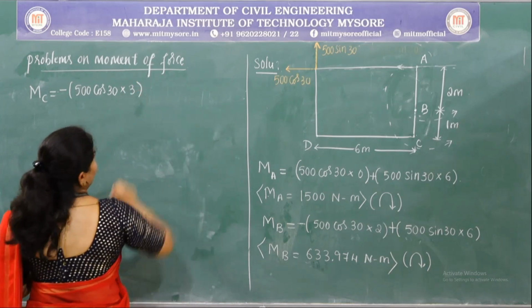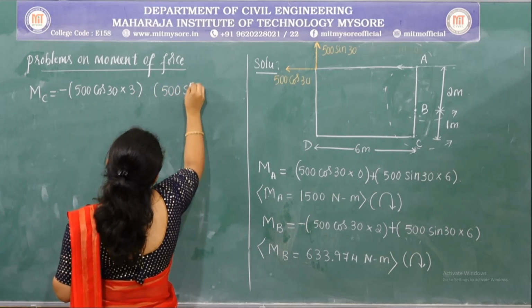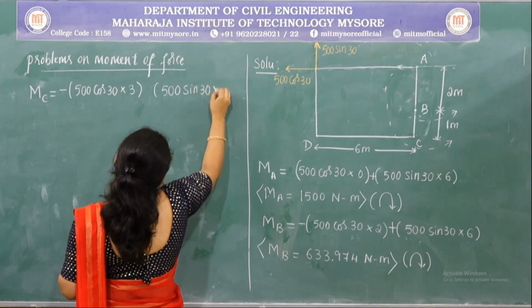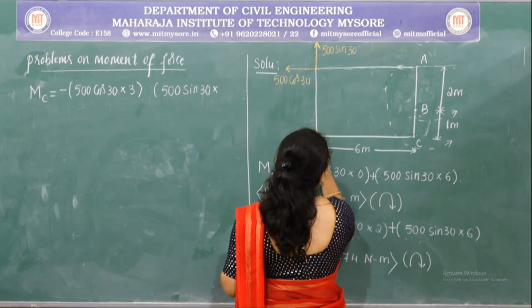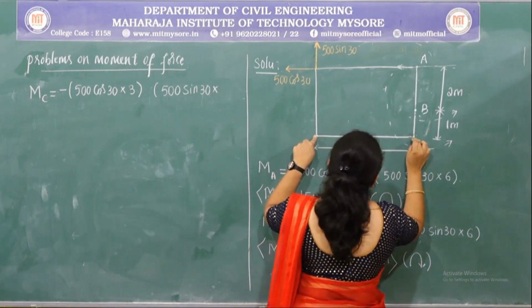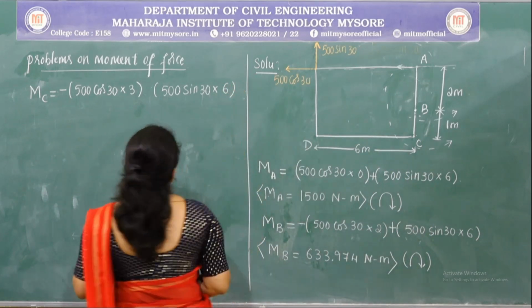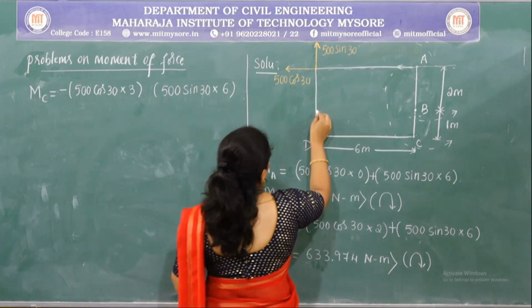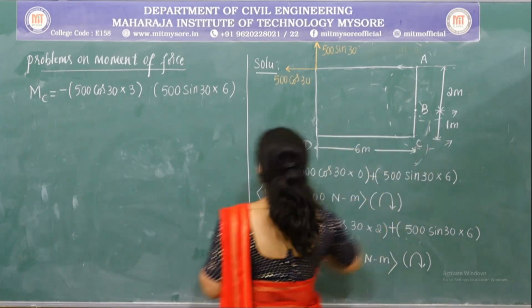Now consider the vertical component, that is 500 sin 30, multiplied by the perpendicular distance between the line of action of the force and the point. This is the line of action of the force, this is the point. The distance will become 6 meters and the direction is clockwise.